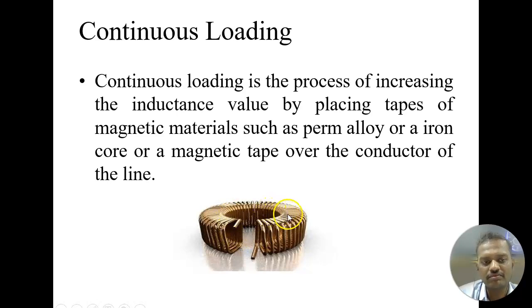It is made out of magnetic tape, so due to the magnetic tape wound over our traditional transmission line, there will be an improved inductance. This is a continuous loading methodology where higher frequency transmission lines use this sort of continuous loaded line, because in higher frequencies the attenuation is very low under this methodology.